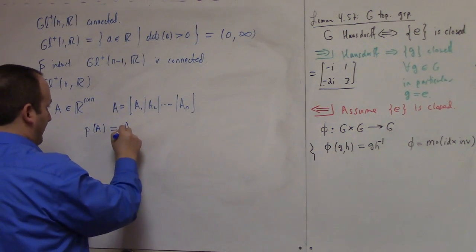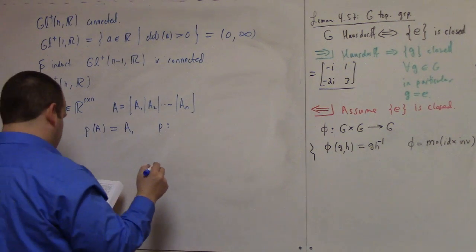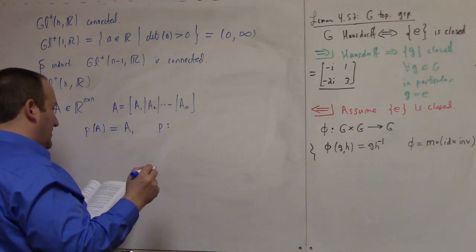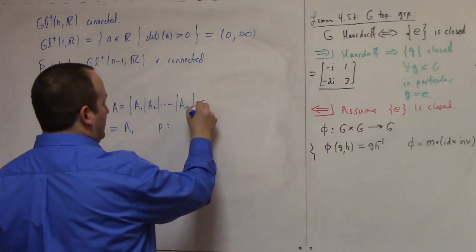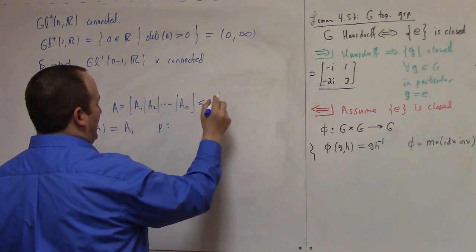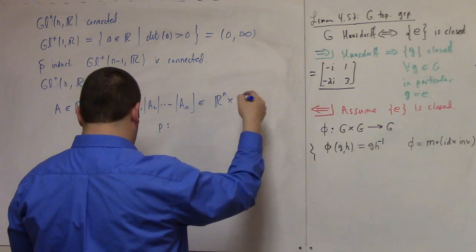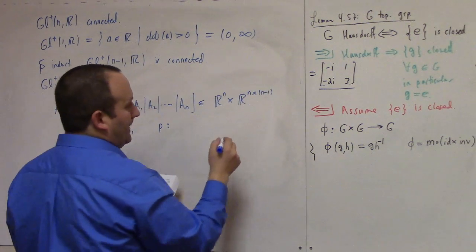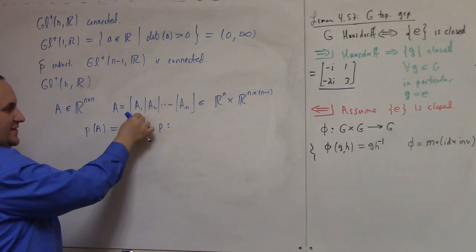A1. So this P is a mapping from, and let's see, he takes the viewpoint that this is really an element of R^n crossed with R, how many rows and how many columns, n minus 1. He's saying this is really a Cartesian product of this and all of those.